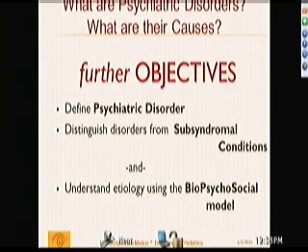Good. And we also want to look at what are the psychiatric disorders and what are their causes, which brings on objectives of defining a psychiatric disorder, distinguishing disorders from subsyndromal conditions, and understanding etiology via a biopsychosocial model.